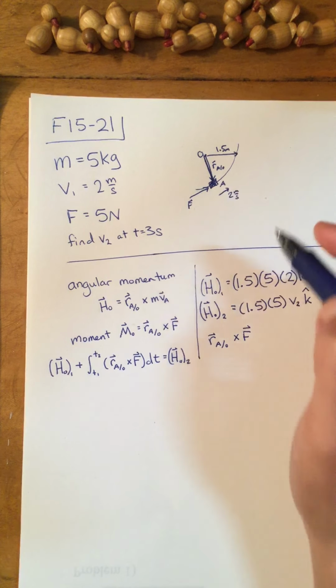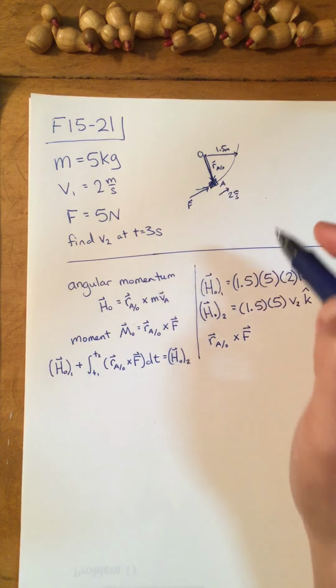Going from t1 to t2, t1 is 0, t2 is 3, and this is equal to the final angular momentum, which is 1.5 times 5. And well, if I left this as 1.5 times 10, let's put it back like this, 1.5 times 10. Then I can cancel this 1.5 out. So I have 10 plus 5 times this integral here going from 0 to 3.